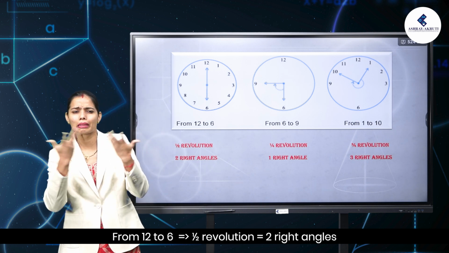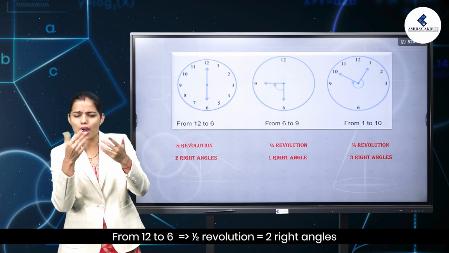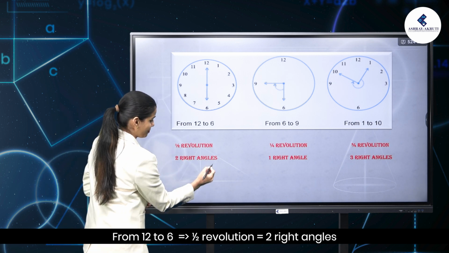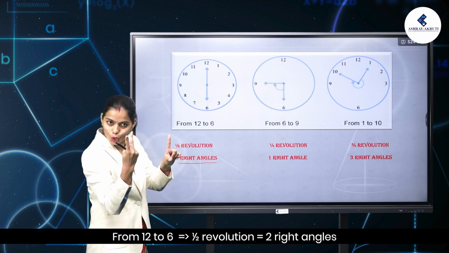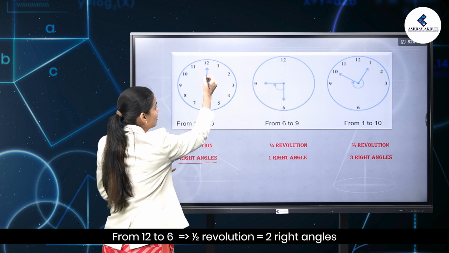From 12 to 6, half revolution is equal to 2 right angles.